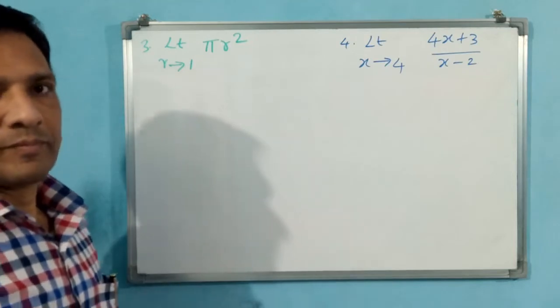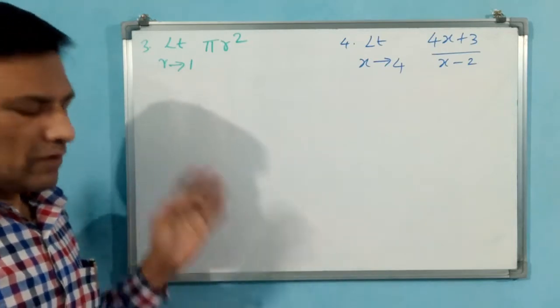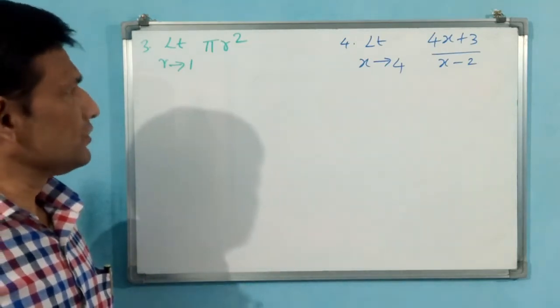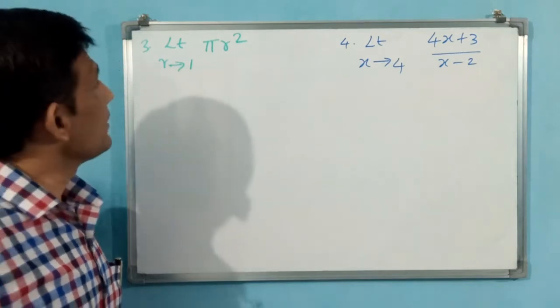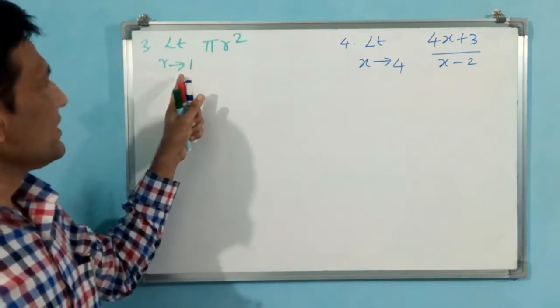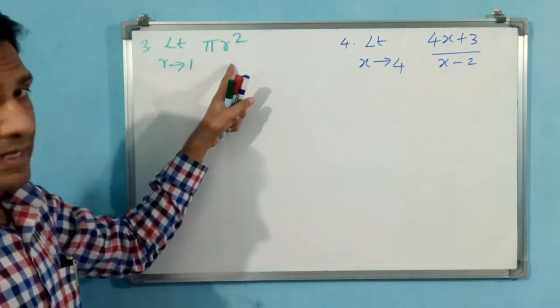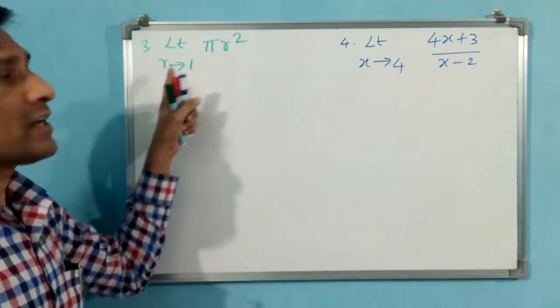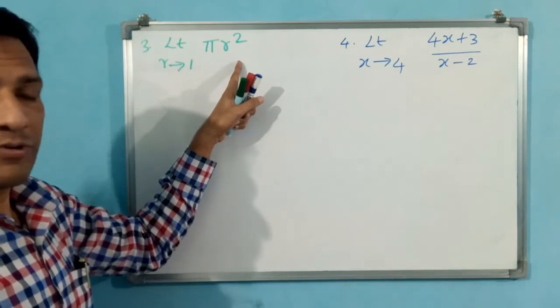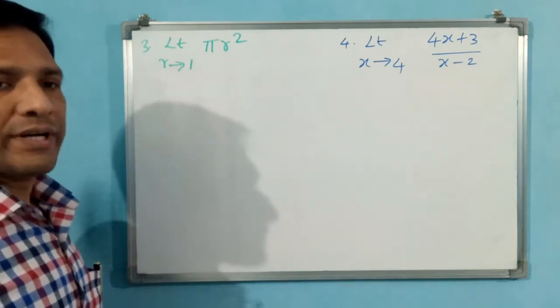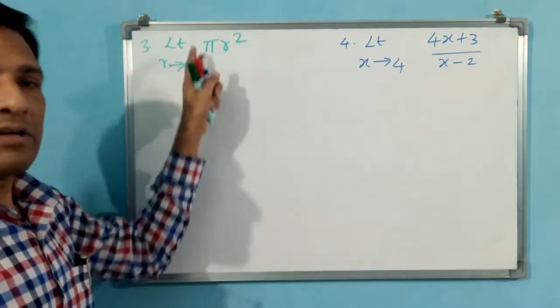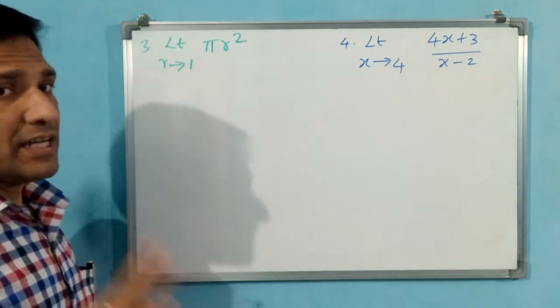See, third and fourth questions, one by one we do. Simple questions only. If you observe carefully, here limit r tends to 1, x is not there, but here also r is there. Here they have given r and here they have given x, so you cannot do anything. You can take all r like constants.